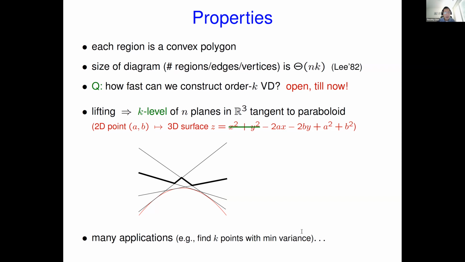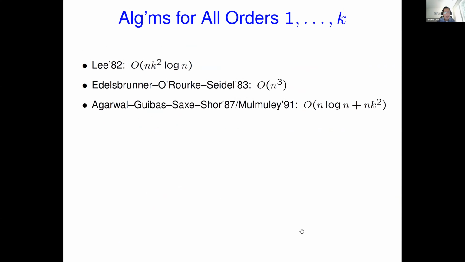Okay. All right, so let me now do a quick survey of previous algorithms for the order K Voronoi diagram. So Lee's original paper not only gives combinatorial bounds on the order K Voronoi diagram, but gave the first algorithm running in nk squared log n time.